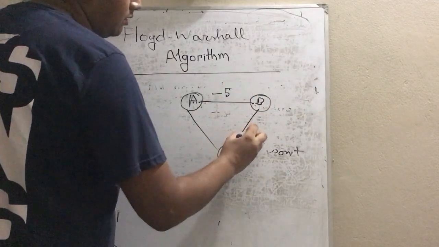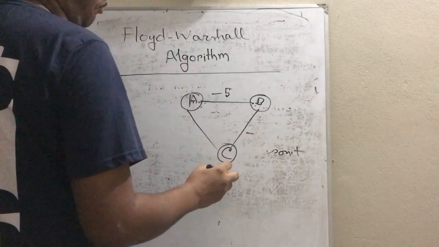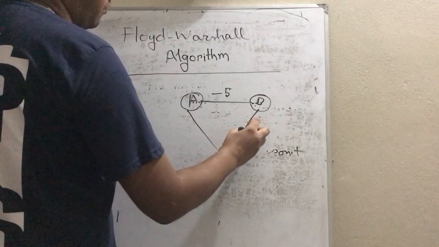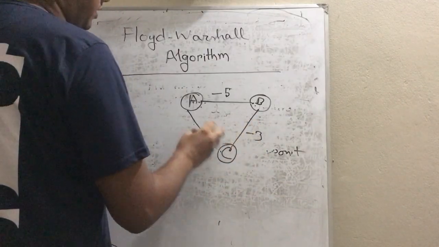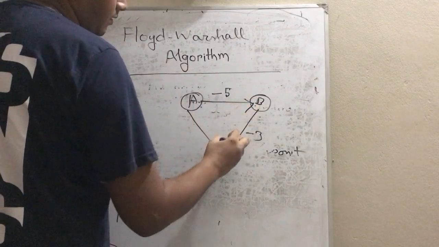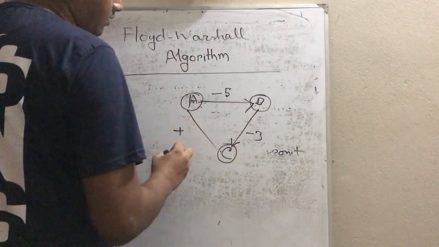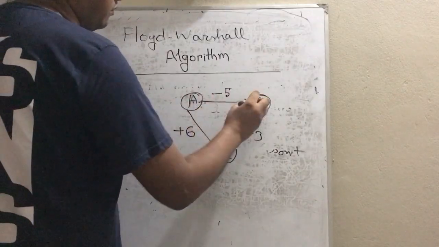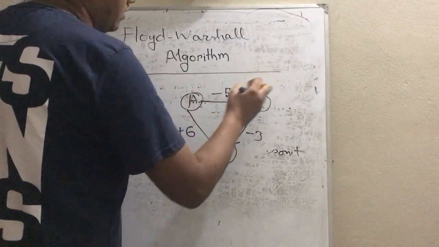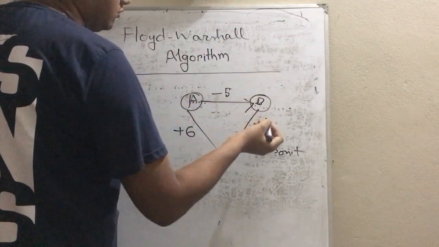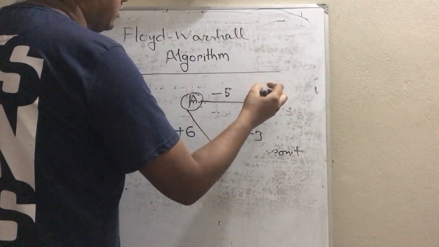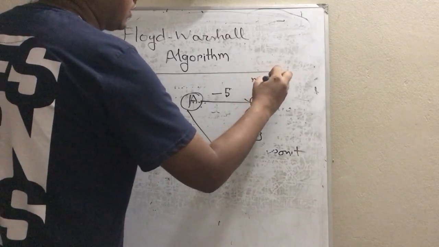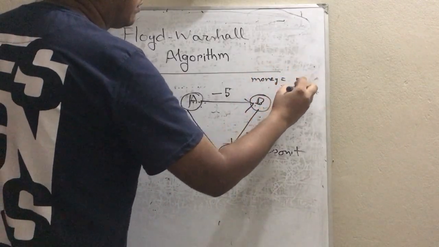B to C minus 3. From C to A plus 6. So from A to B we lose something, like we lose our money, minus 5.